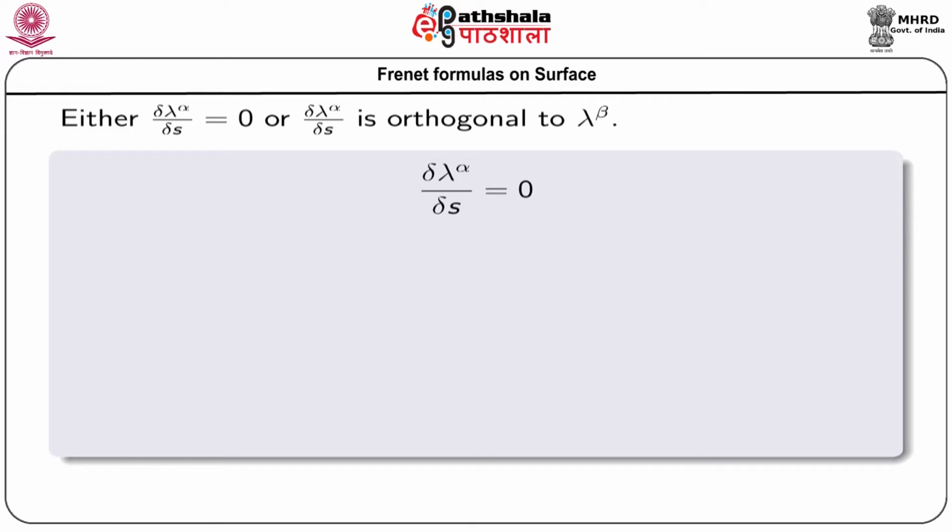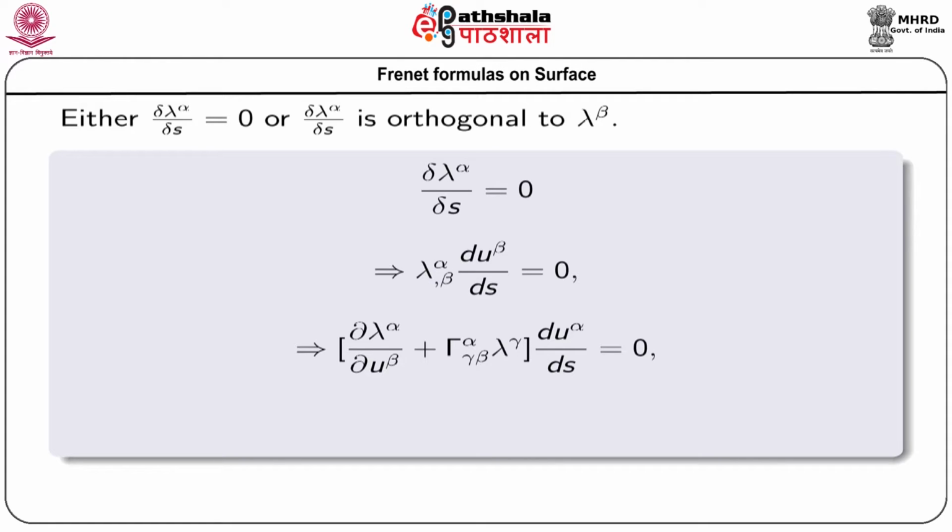Now, first we consider del lambda alpha del s equal to 0. Then we see what happens. From the definition of intrinsic derivative, we get lambda alpha comma beta du beta ds. That means lambda alpha has been covariantly differentiated with respect to u beta, with the inner product of du beta ds.